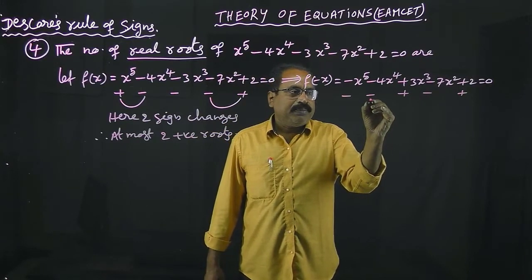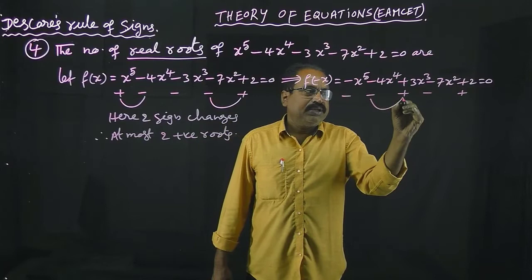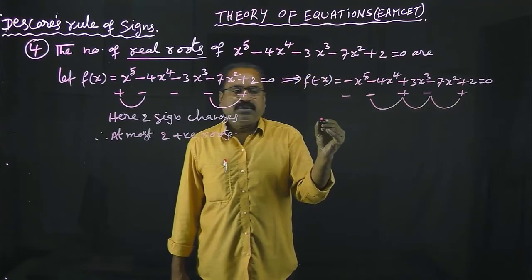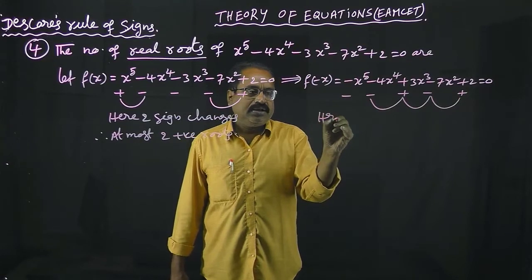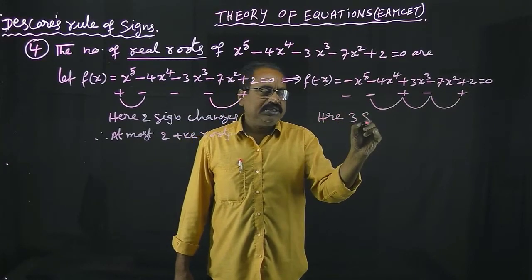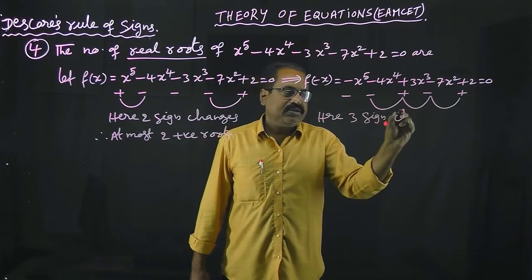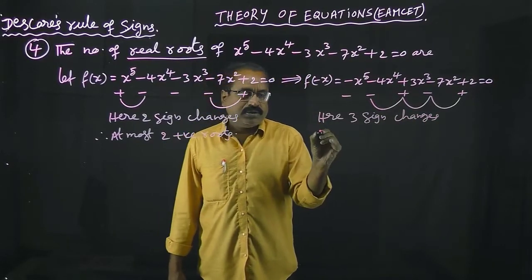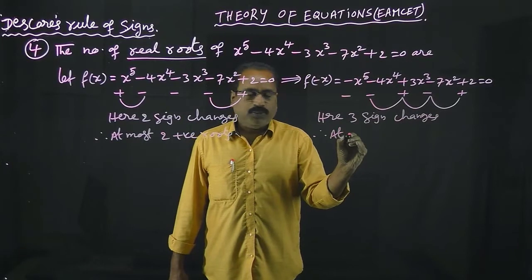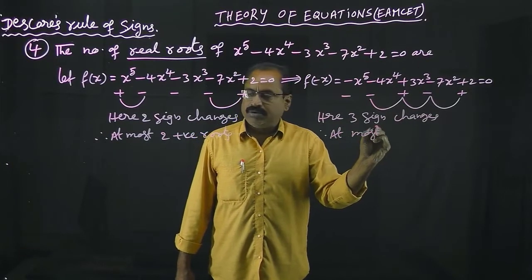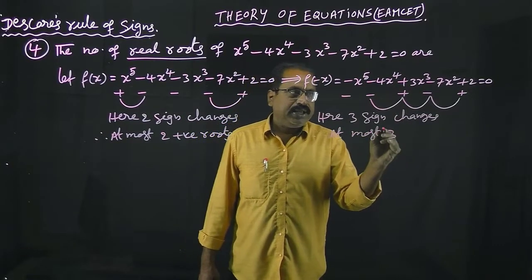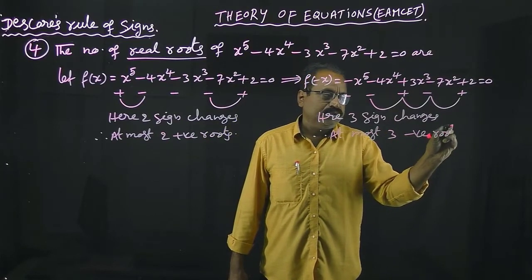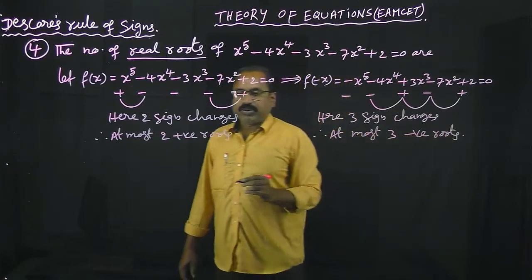Here minus 2 plus, plus 2 minus, minus 2 plus. Here 3 sign changes. Therefore, at most 3 negative roots.